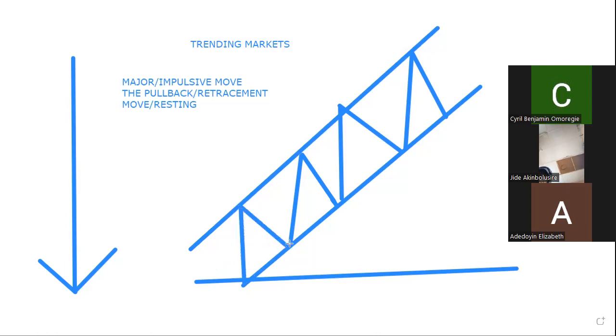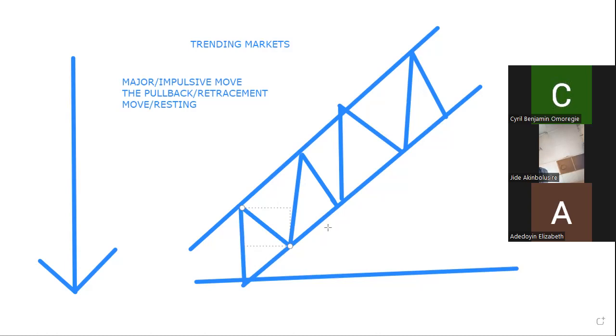So what we are saying now is, if you want to trade this trending market, you need to know when an impulsive move is starting. So let's say the trend you are looking at is an uptrend. Your own goal is to know when the buy move is going to start, because the buy is the impulsive move. That is the one that is going in the direction of the market.